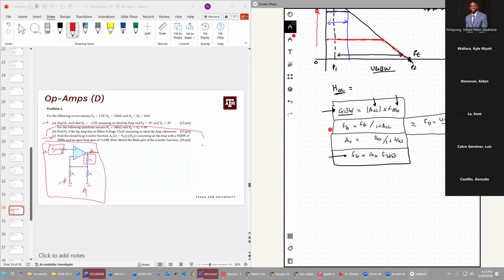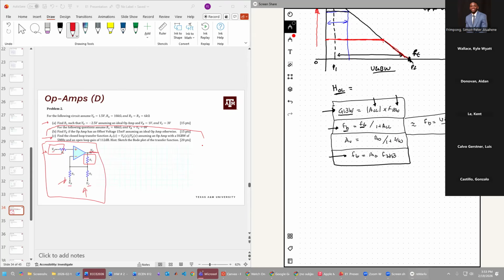And then the next one here is the operating frequency of a particular point in the op amp that you're operating at. F of t, I defined this earlier up here.